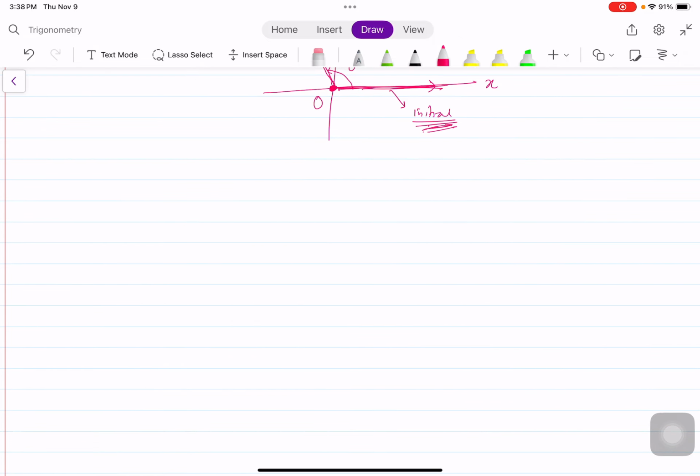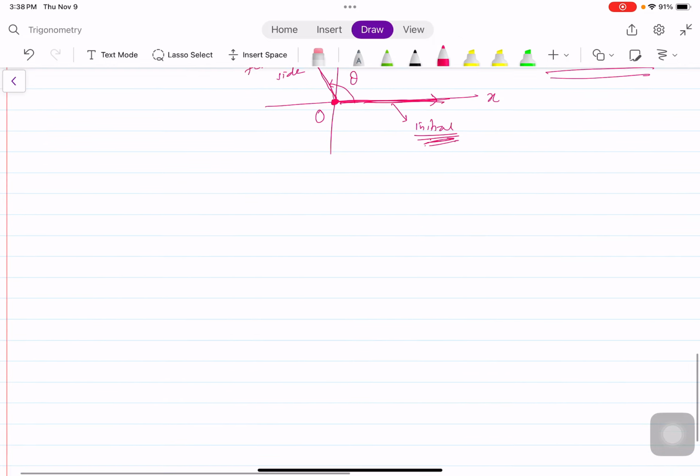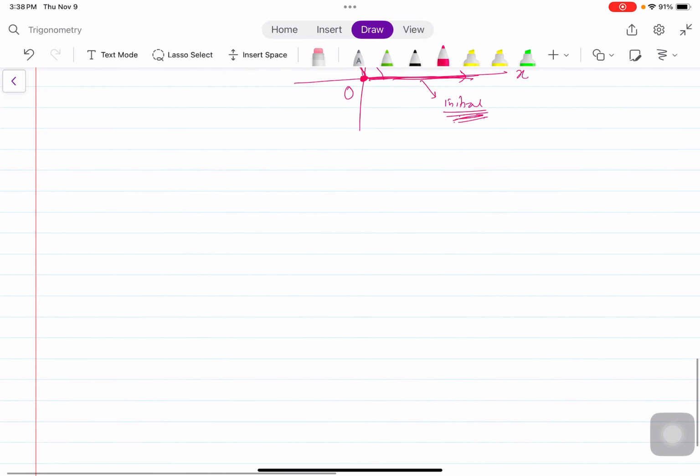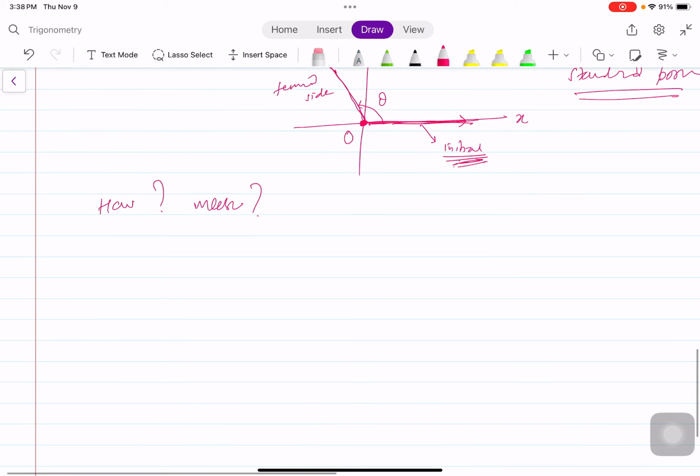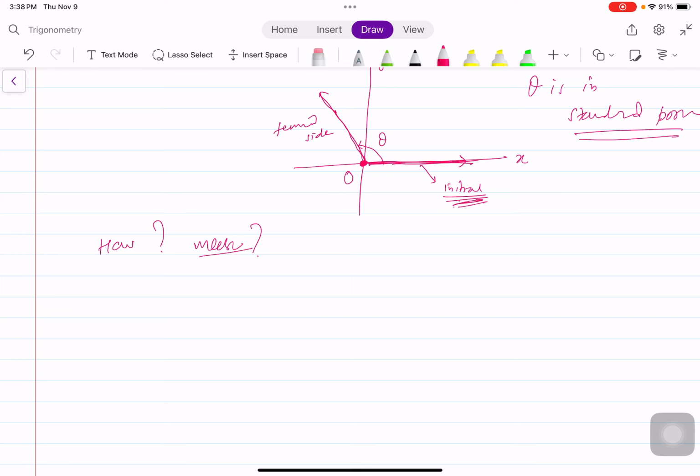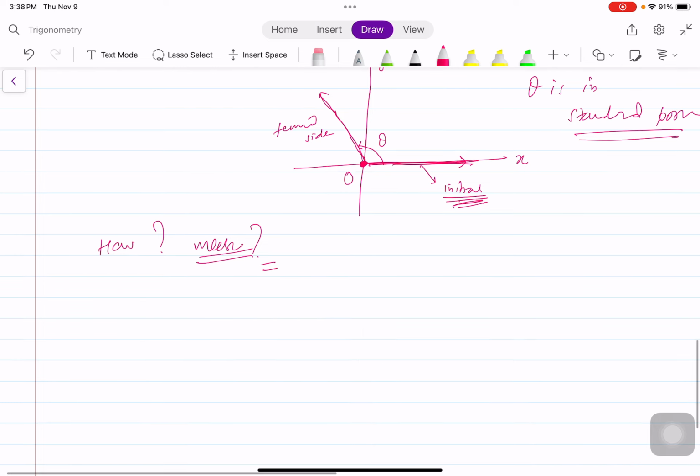Now the question comes, once we have an angle, how are these angles measured? Before measuring, what does the measurement of any angle mean?